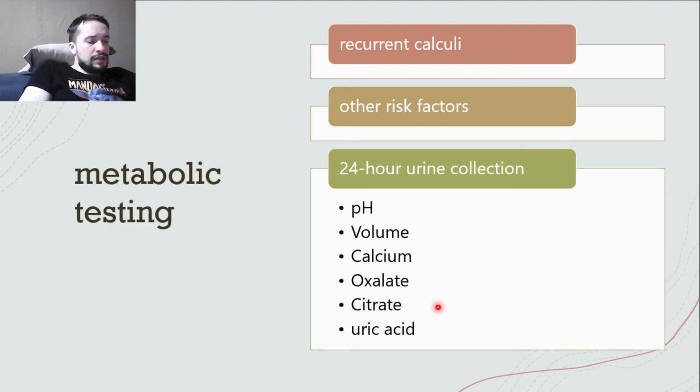More formal metabolic testing is indicated in patients with recurrent calculi or other risk factors, and a 24-hour urine collection should be evaluated for pH, volume, calcium, oxalate, citrate, and uric acid. This may reveal an underlying metabolic abnormality that can be targeted to prevent future episodes.